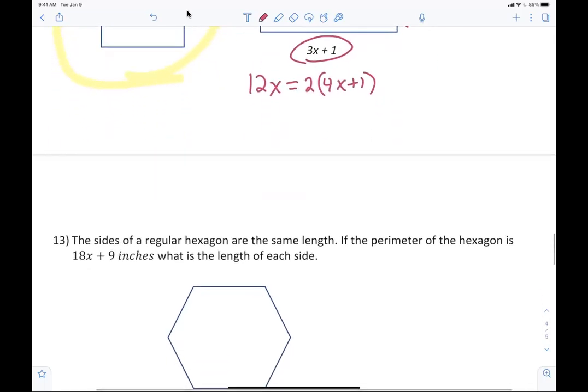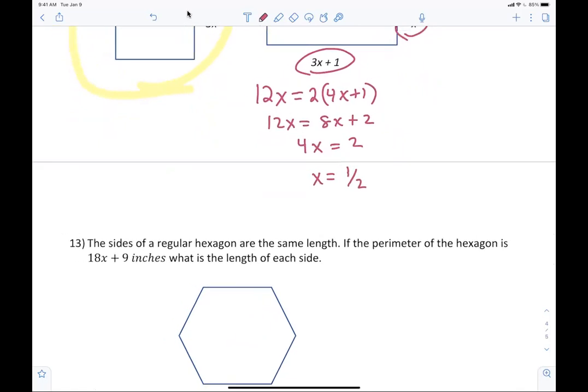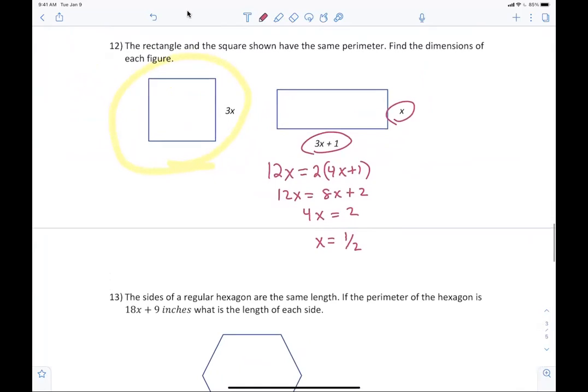And so now let's solve that equation. 12x equals 8x plus 2. 4x equals 2. So x equals what? Not 2. X equals 1/2.